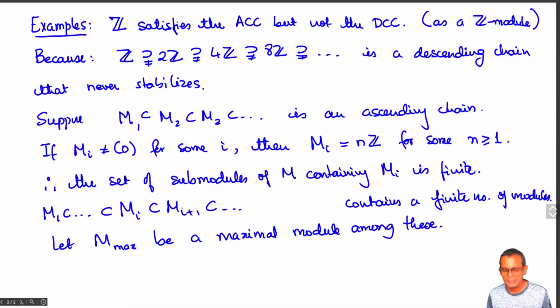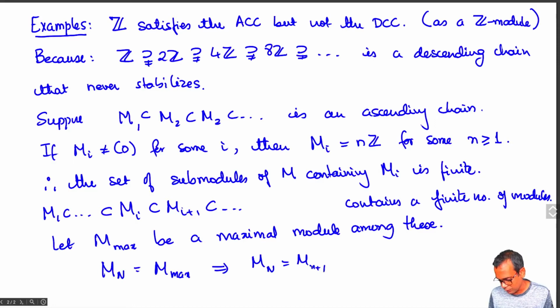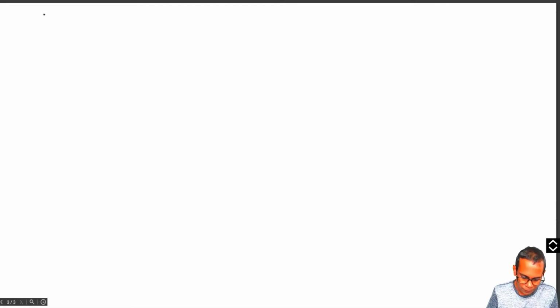So let M max be a maximal module among these, and if Mn is equal to M max, then this implies that Mn is equal to Mn plus 1, and so on. The rest of the modules have all to be equal to this. And so that shows that the integers satisfy the ascending chain condition, but not the descending chain condition. And now let's look at an example of a Z module that satisfies the descending chain condition, but not the ascending chain condition.